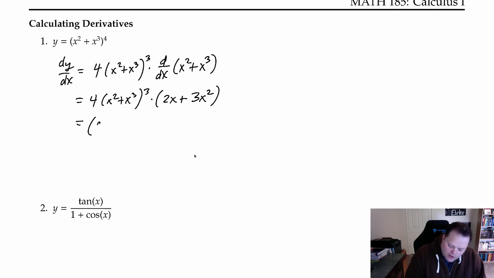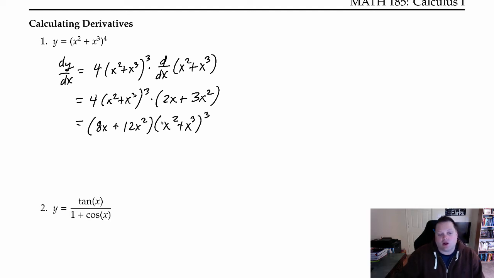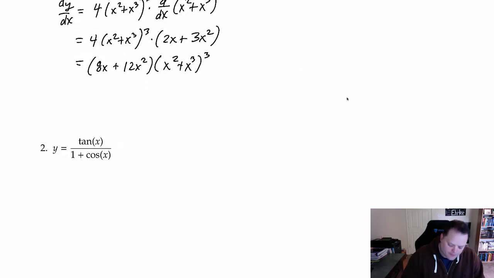Distribute the 4 to those, and you'll have 8x plus 12x squared times this. And you cannot do any more algebra than that. You could factor out an x and a 4 or something like that here, but you can't distribute this into here. You can't distribute anything out of here. You're stuck. So that's as far as you would go.